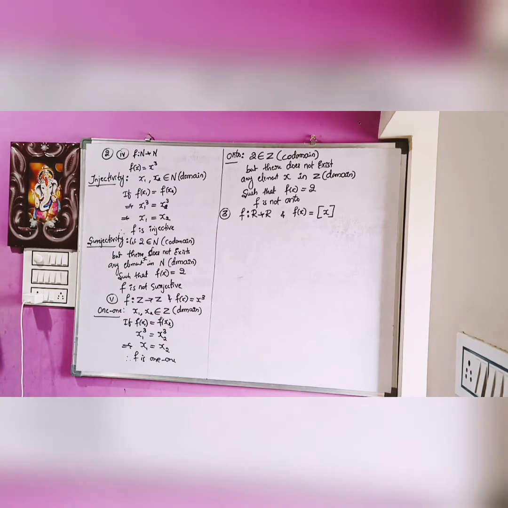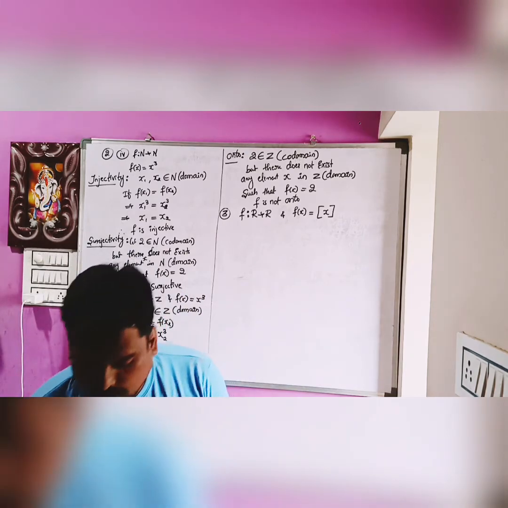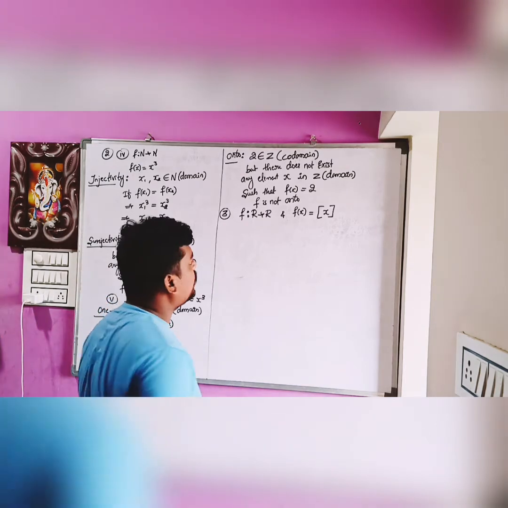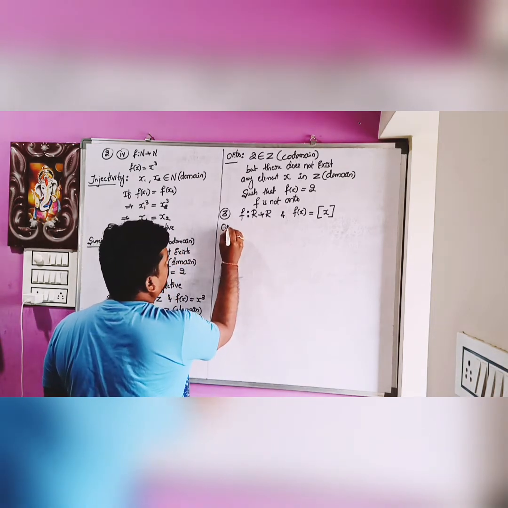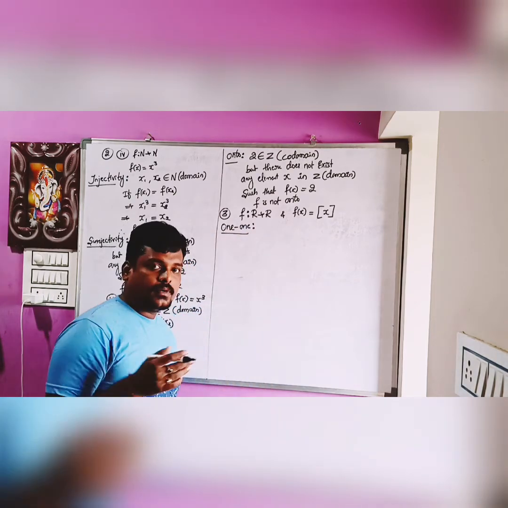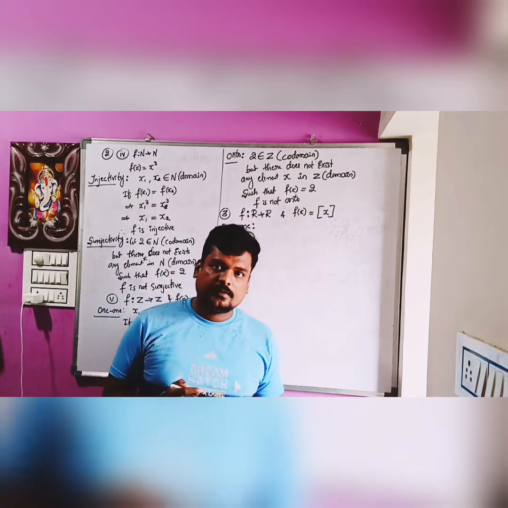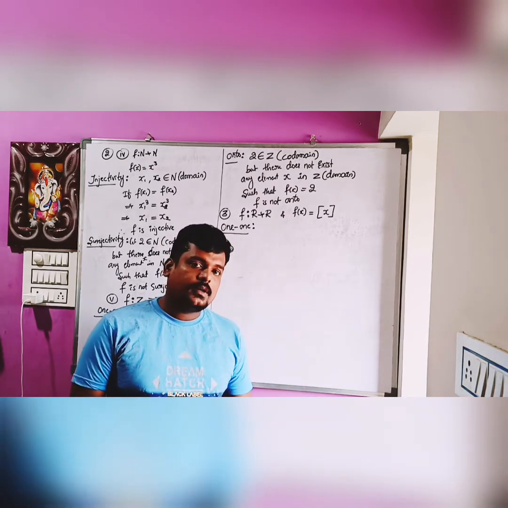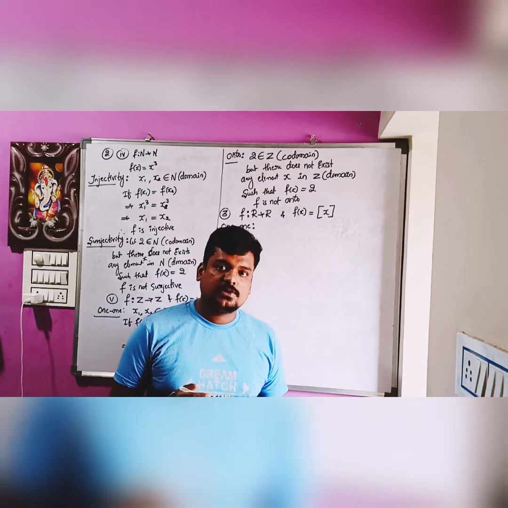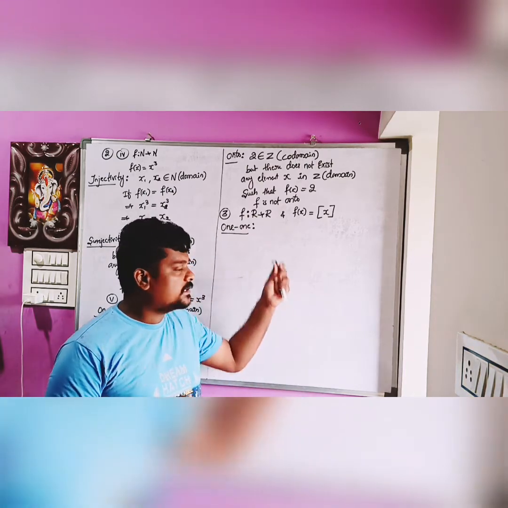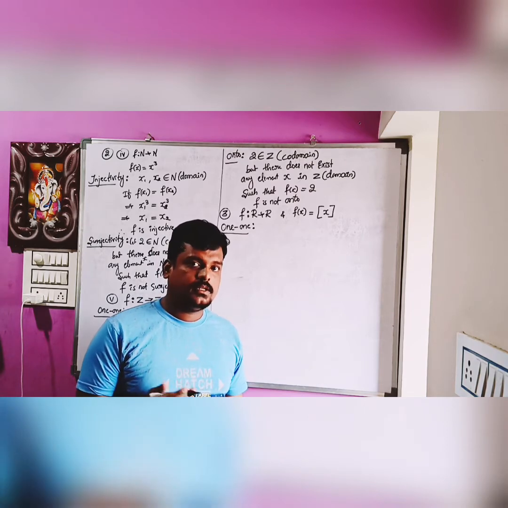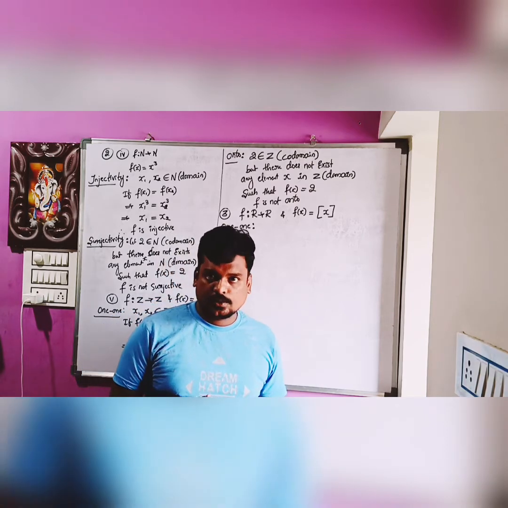For one-one, the greatest integer function that we studied in the first year has this definition: the integral value less than or equal to the given value.